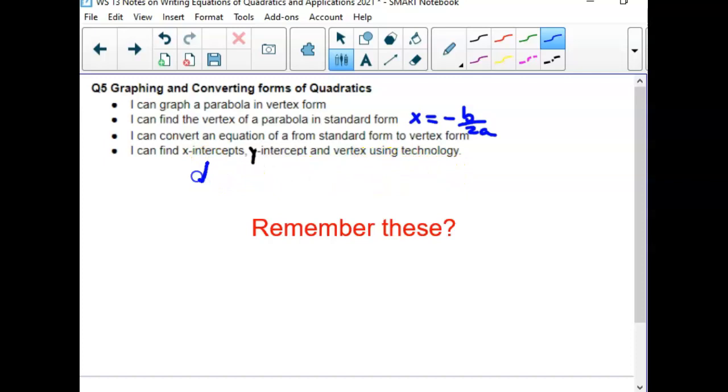Max, what were the x-intercepts called? Anybody remember? Zeros, yes. The y-intercept, how did we find that? Yeah, we plugged in x equals 0, like trace or value. And the vertex was either the max or min. Okay, we're going to need all that today.